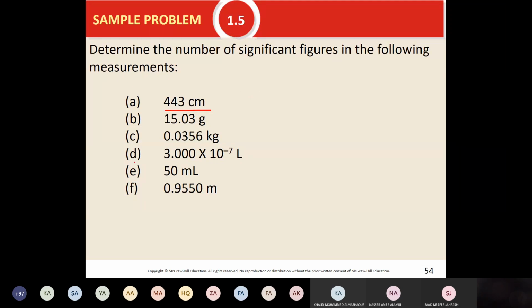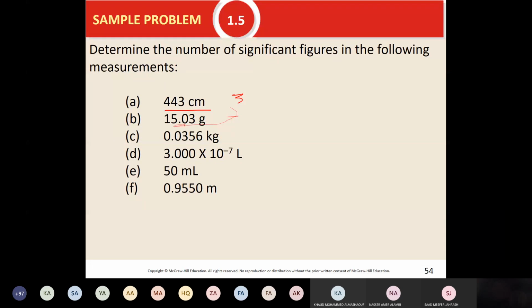Raise your hand now. Okay, how many significant figures do we have here? You may answer, anyone. Open your mic and answer. 3. Very good. Anyone?